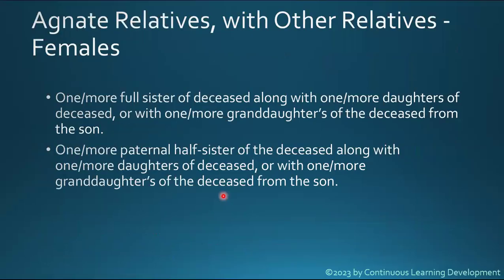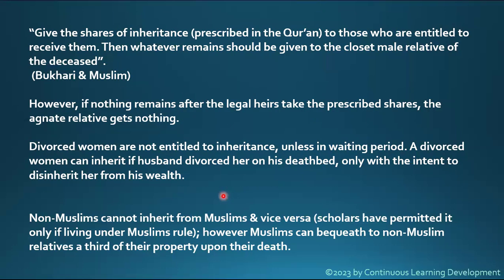All these relatives can inherit. So a granddaughter can inherit if there are no other daughters or other children, sons. But they don't get anything if there is a legal heir and all the shares have been distributed. Divorced women are not entitled to inheritance unless they are in their waiting period.